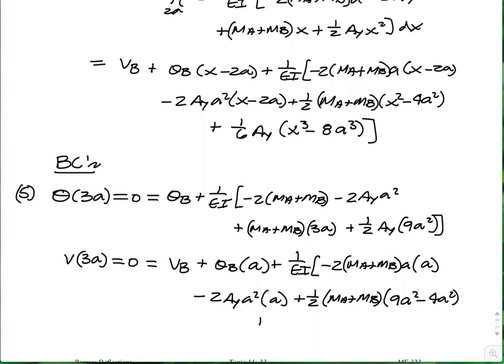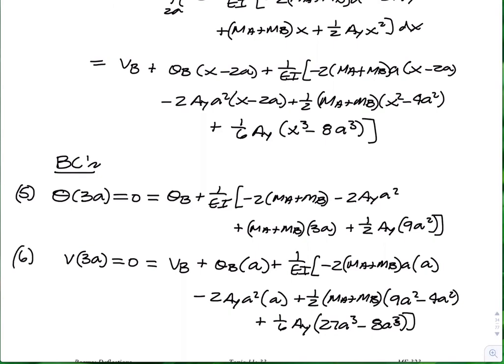And finally, the last term, there's 1/6 AY. The cube then is going to be equal to 27a cubed minus 8a cubed, like that. So this is equation 6.